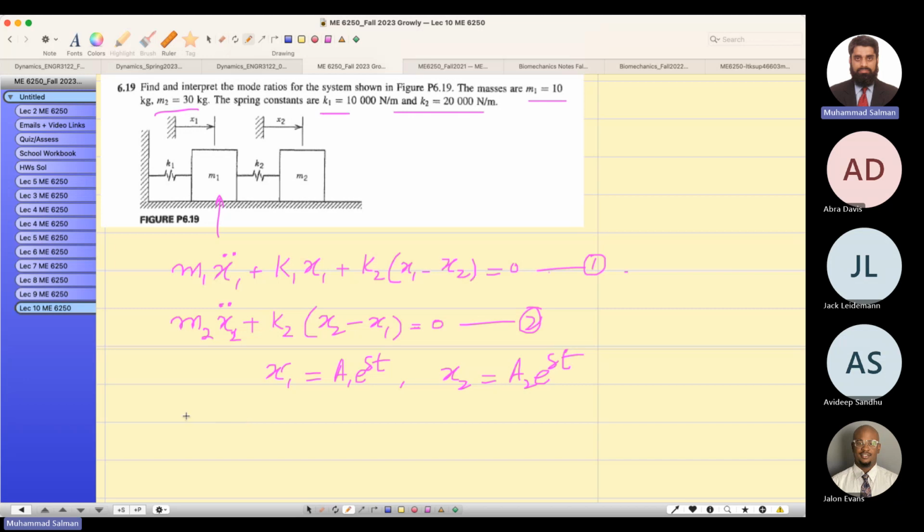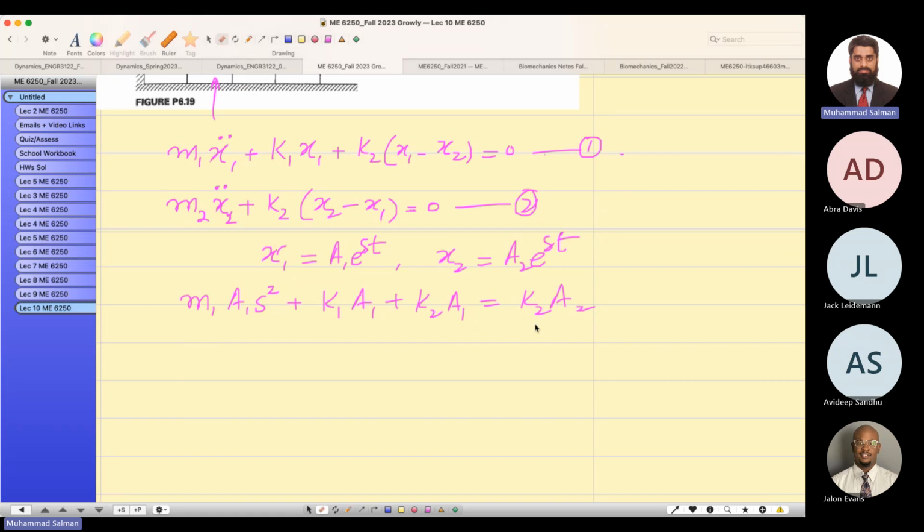So let me rewrite the same equation. M1 s squared, actually A1 should also be written here: M1 A1 s squared plus K1 A1 plus K2 A1 equals to K2 A2.